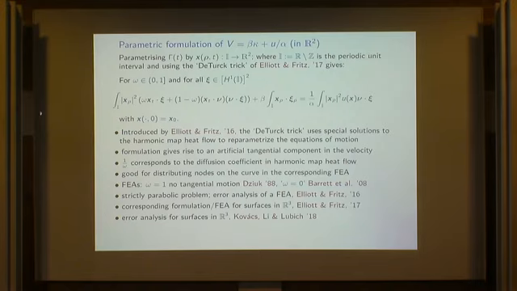So the harmonic map heat flow is another PDE. Exactly. You use the solution of that to change the variable. Yeah, exactly. You reparameterize your x in terms of the solution of the harmonic map heat flow.